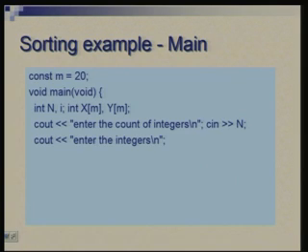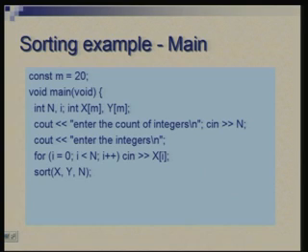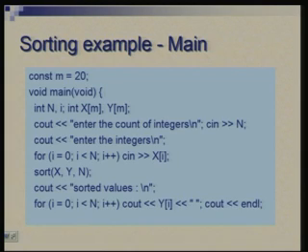Then we go on to input the values. We are assuming that these are all integers, and they are input and stored in x. Then we make a call to sort. So, x, y and n are 3 parameters here. Then finally, you have to output the sorted values. So, this is taking care of the output.